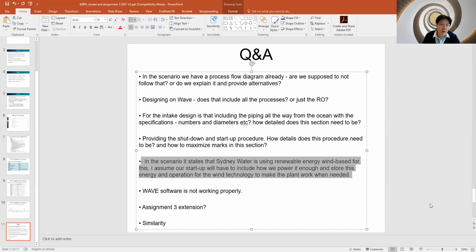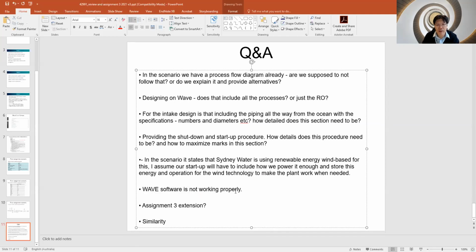So completely forget about the renewable energy sector when you think about the shutdown and restart. The renewable energy wind farm is completely separated. It can be flexibly utilized from the electrical grid. So that's another issue you don't have to consider for your exam, for your assignment. And WAVE software is not working properly.